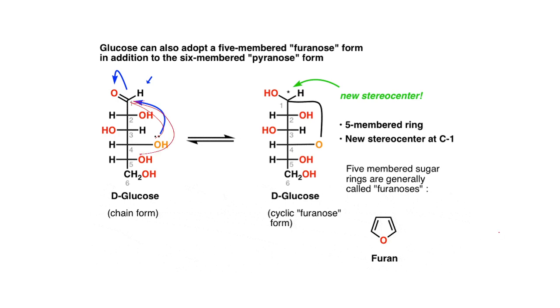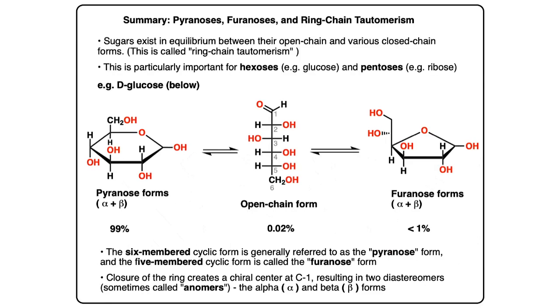Furanose comes from furan. So pyranose, furanose, and ring-chain tautomerism: they exist in equilibrium between their open chain and closed chain forms. This is the open chain form, which is found at 0.02%.